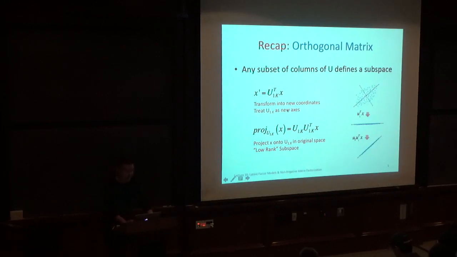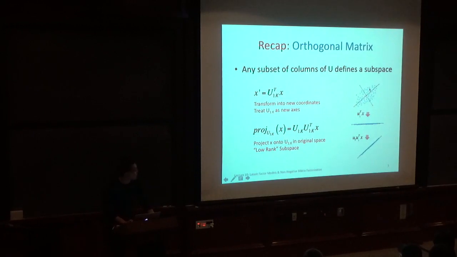If U was the identity matrix, for example, the new axes would just be the basis vectors along the original axes. And we could, of course, reverse that projection and look at where the data points live in the original high-dimensional space by simply reverse multiplying by U.